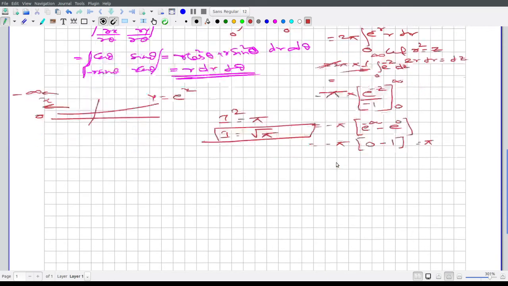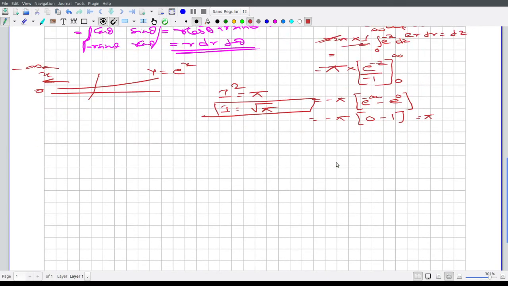What we have to write again is erfc of x equals 1 minus erf x.